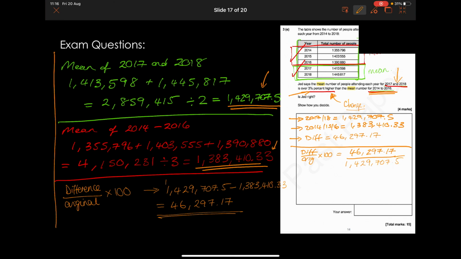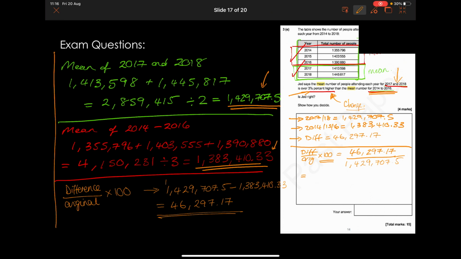So I divide that on my calculator and I times by 100. If I do that on my calculator, 46,297.17 divided by 1,429,707.5 gives me a decimal. We haven't times by 100 yet.